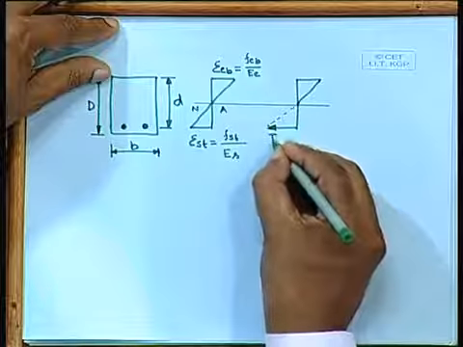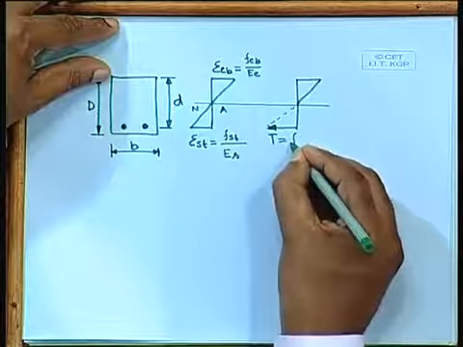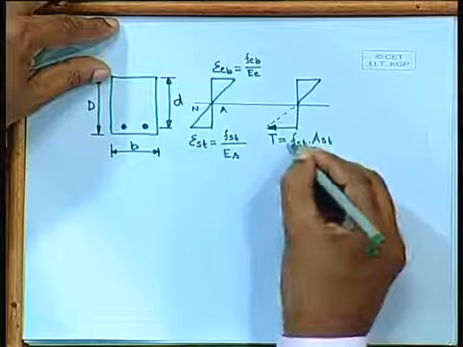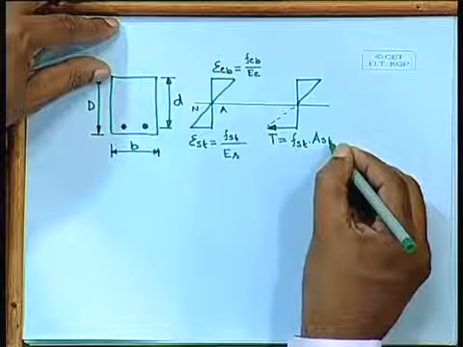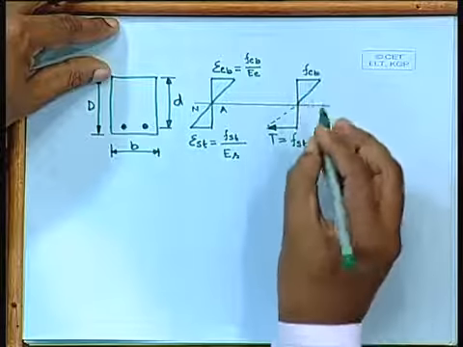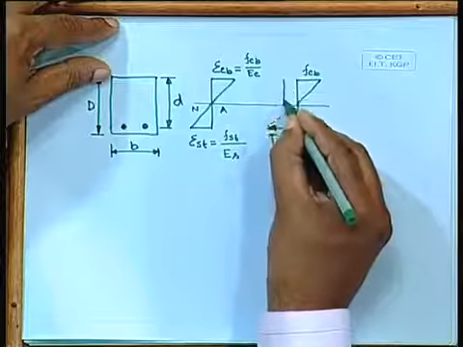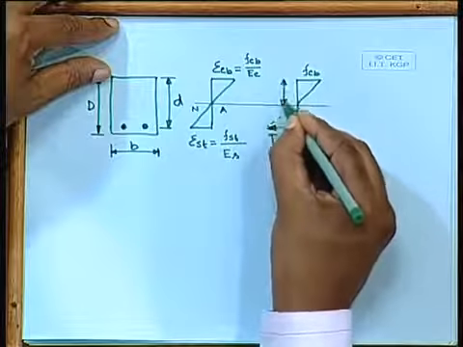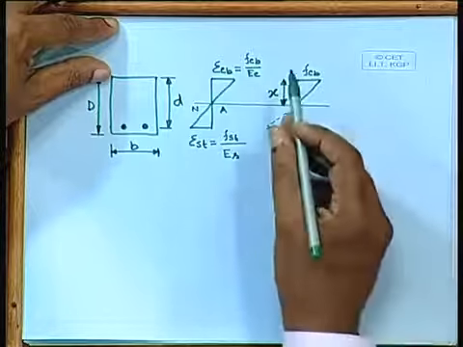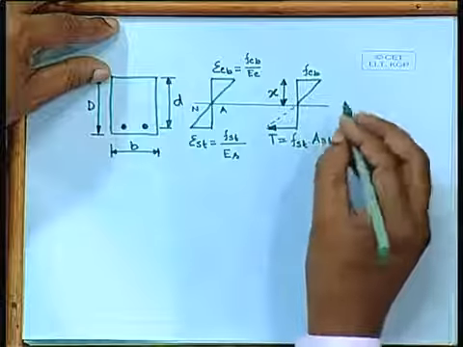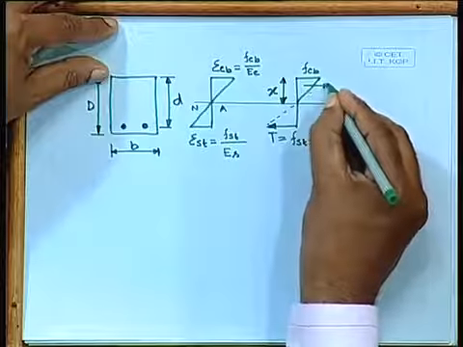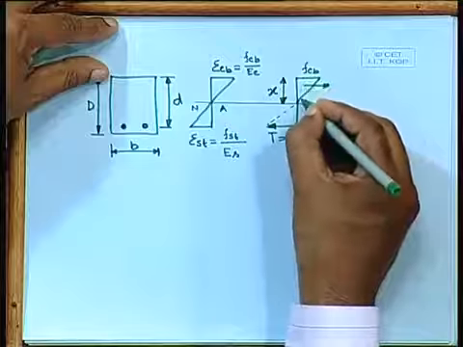So this is your T, FST times AST, the stress developed in steel times the area. And FCB: let us say the depth of the neutral axis from the top is x, and this force will be at the centroid of this section.